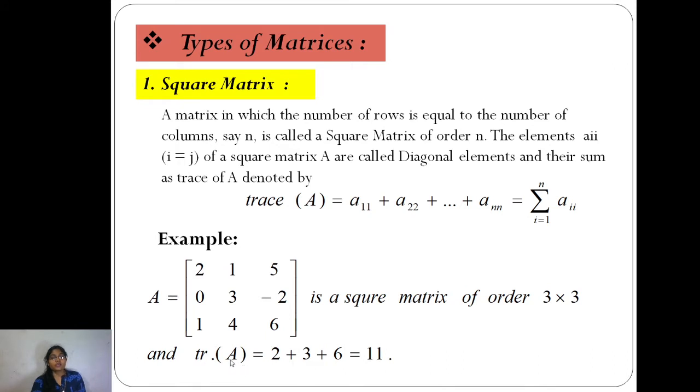And trace of capital A means the sum of diagonal elements: a11 equals 2, a22 equals 3, and a33 equals 6. So trace A equals 2 plus 3 plus 6 equals 11.